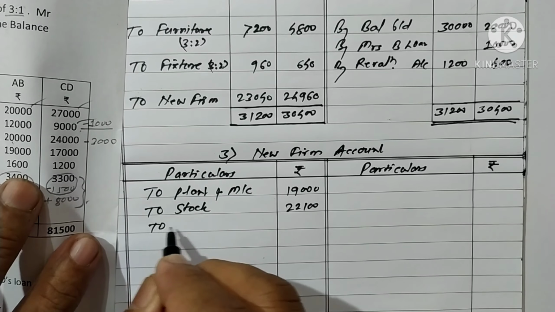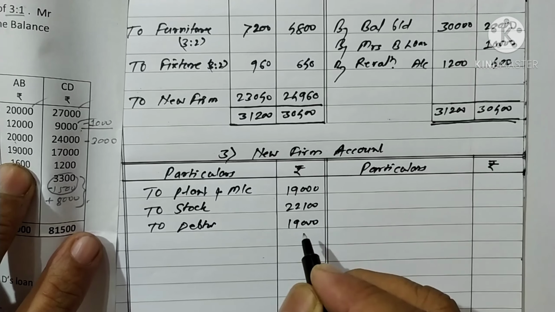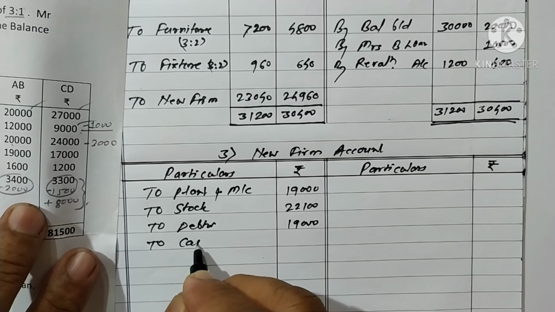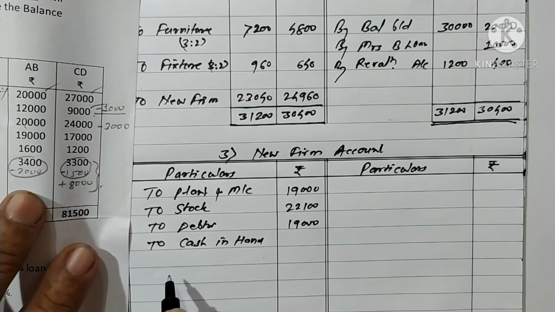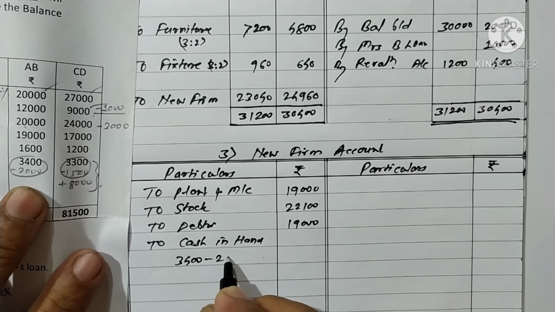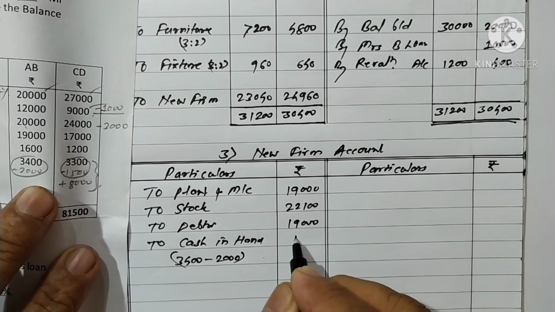Next is to debtors, rupees 19,000. Next is cash in hand. We calculate here: 3,400 minus 2,000, outstanding rent paid. It comes to 1,400.